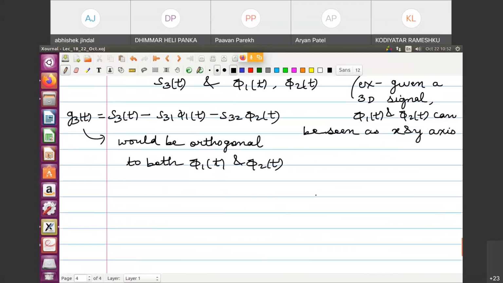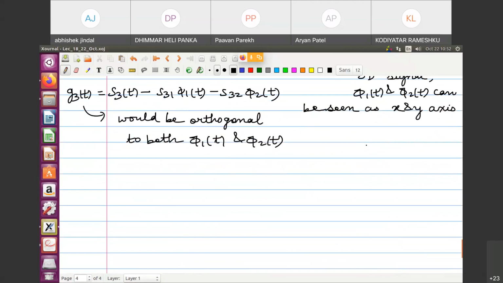Now what do we do? Let us say, as you can see, if this is my x and this is my y and suppose this is my z, you can understand it very easily. Now suppose this is any vector, 3-dimensional. If I need to find the projection of this vector onto this plane, this is the projection of this. Let us say this will be represented by S. So this is its projection of S on the xy plane.